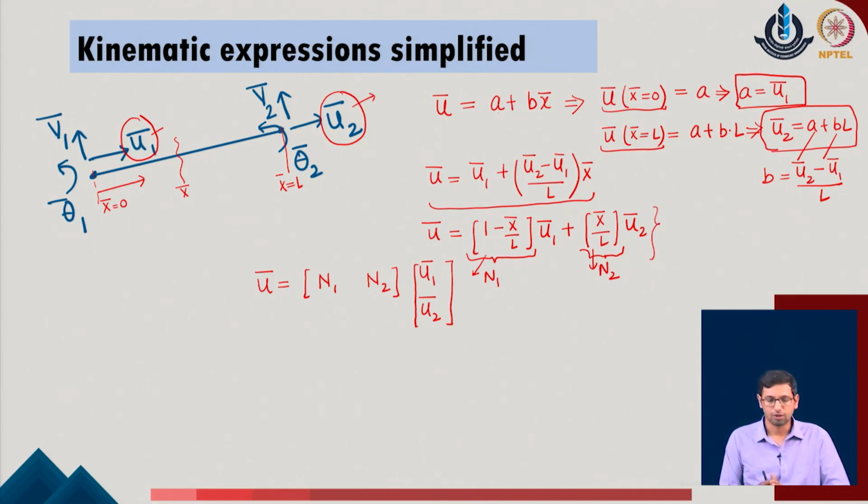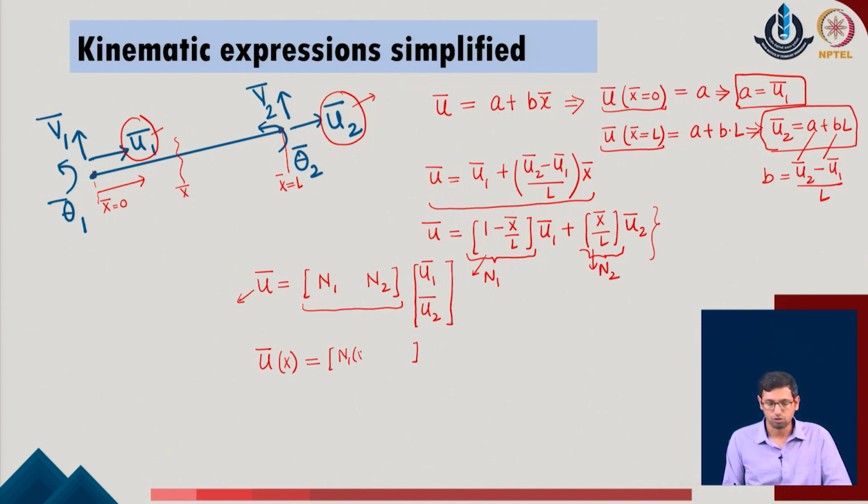But what is the utility of having this expression? We realize initially that u bar was appearing as a function defined in terms of x, which is not known to the user. So, u bar was initially a function of x, and now I have converted it into two parts where N1 and N2 are functions dependent upon x of the system.